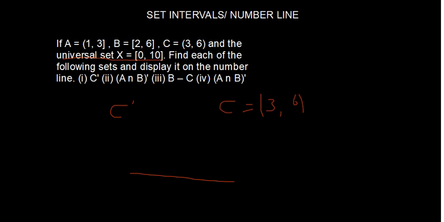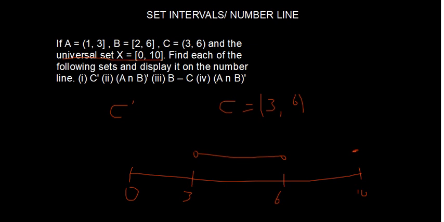Diagrammatically on the number line it will be something like this. We have a 3 and we have a 6. They are not shaded inside because they are curved brackets, so 3 and 6 are not part of C. Our universal set is from 0 up to 10, and 10 is part of it, so it's shaded inside.